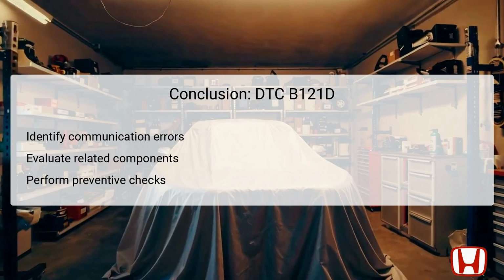Properly evaluating related components and inspecting wiring for potential disruptions allows for an effective and efficient troubleshooting process. Finally, performing preventive checks not only aids in avoiding similar pitfalls, but also enhances the overall durability of the vehicle's electronic systems. Following this detailed guide will ensure comprehensive understanding and proactive management of DTC B121D in your Honda Accord.